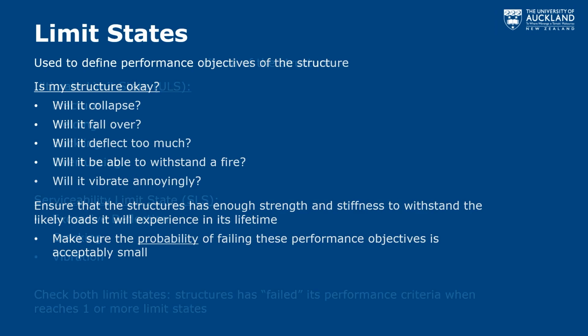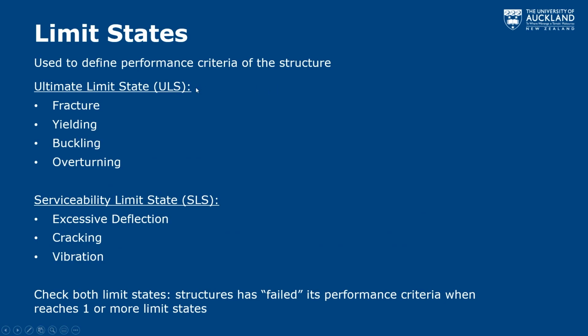And so with the limit states, we broadly have two here in New Zealand and also around the world. One is called the ultimate limit state, and the other one is called the serviceability limit state. So ultimate limit state is probably where you'll spend most of your time when you're doing your analysis, and this is really making sure that the structure will stay up, and it's determining how it will fail. Will it fail because we've fractured material, be it steel or timber?